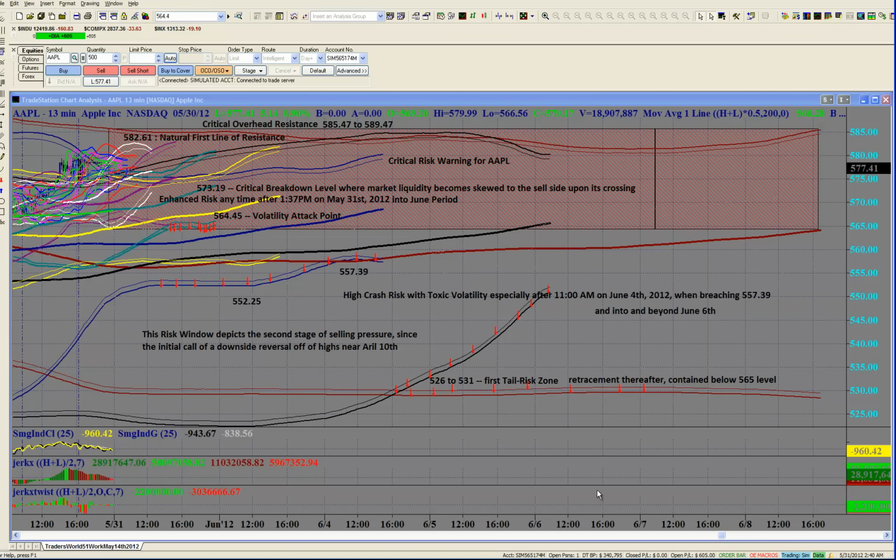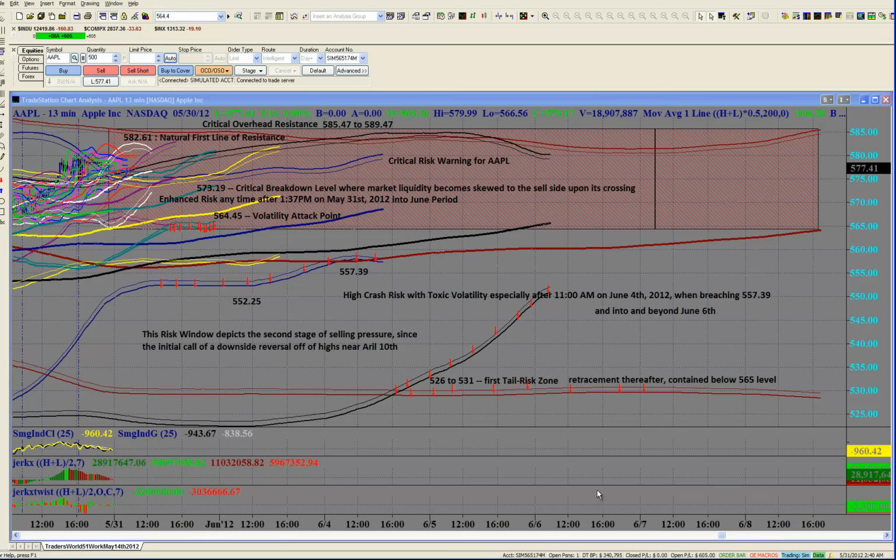And we first warned about Apple computer stock having a major sell-off following the April 10th area where it was making a high in and around that period. And upon breaking the $633 level, it suffered a very sharp fall as expected.